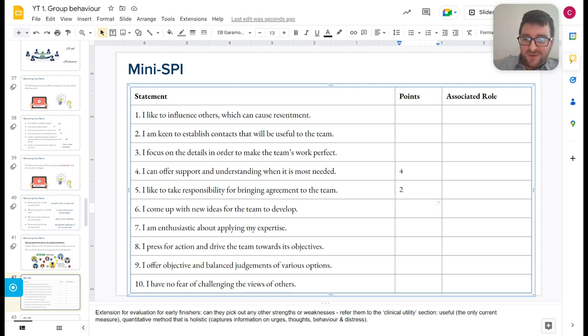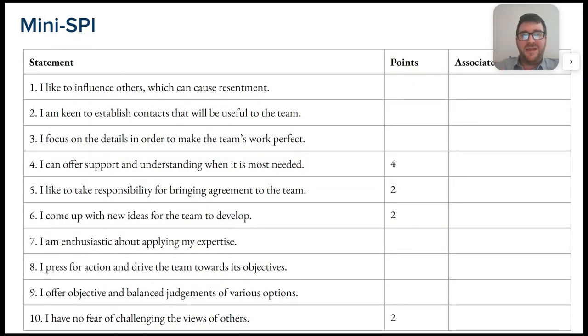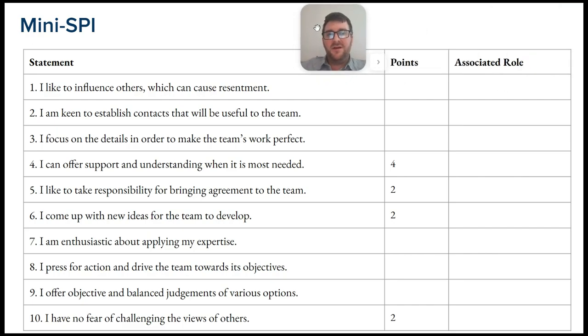Come up with new ideas, maybe a little bit as well. Now I only have 2 left. And I have no fear of challenging the views of others, 2 as well. So that means I've given 10 points now. 4 plus 2 plus 2 plus 2. And I've left out 6 statements, because I don't think they apply to me as much as some of the others.